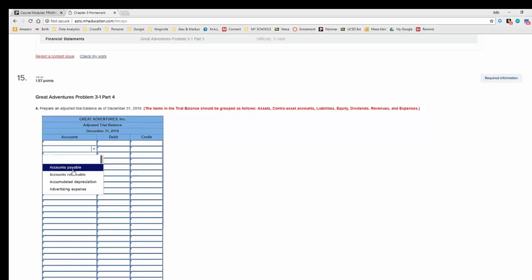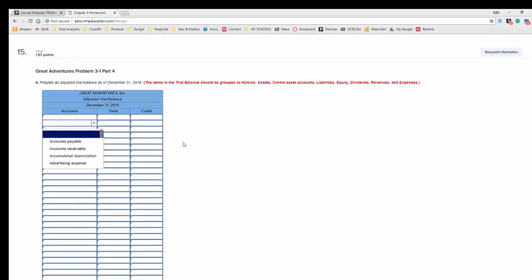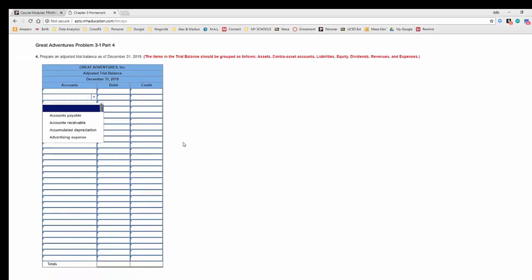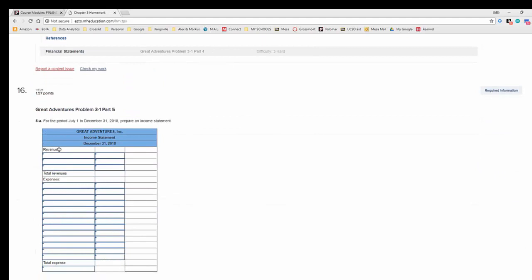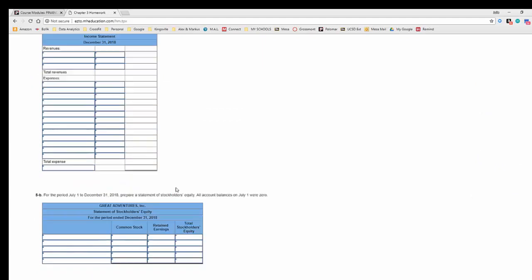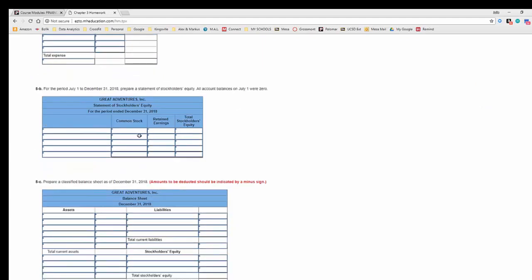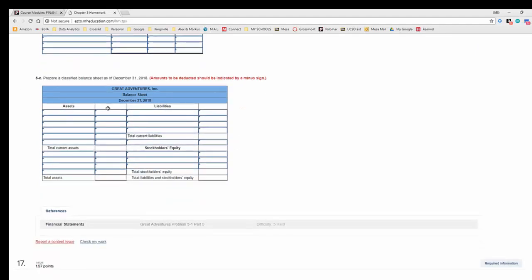So again, you'll list all your assets followed by your liabilities, followed by your stockholders' equity, followed by revenue, followed by expenses. You'll put all your debits in the right place, all your credits in the right place, and then you'll create an income statement with your revenue less expenses, that statement of stockholders' equity. If you forgot how to do that, you can go back to the part of the video where I described that, and then finally prepare that balance sheet.